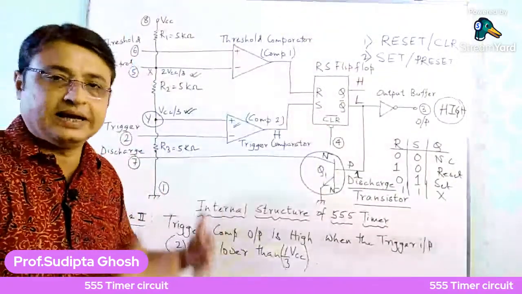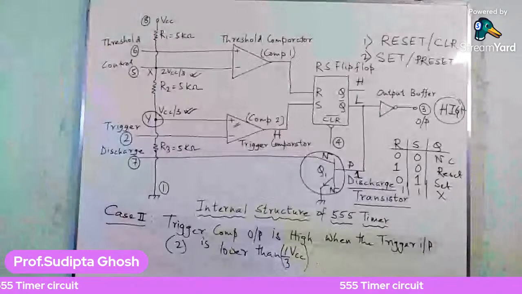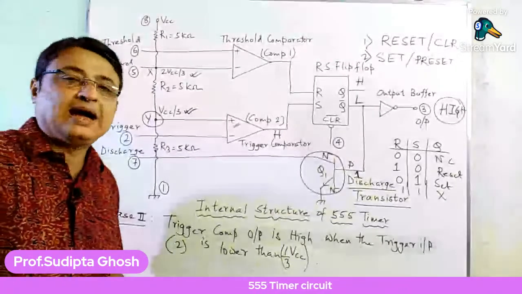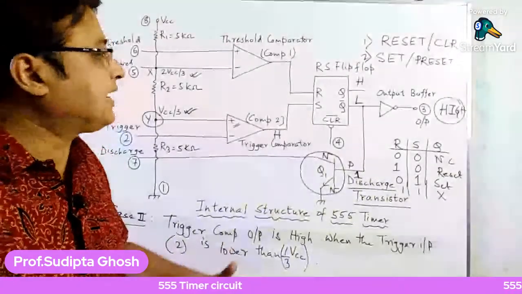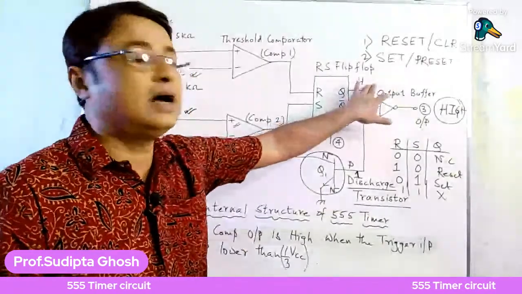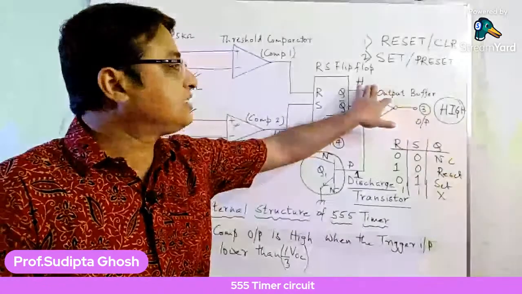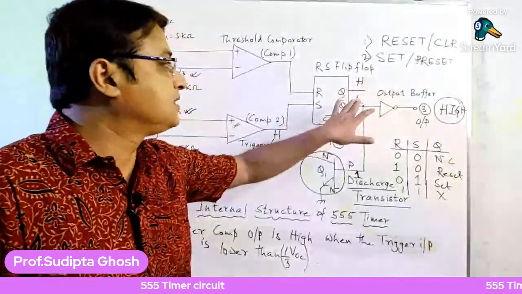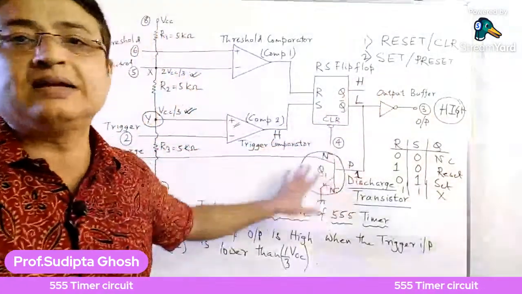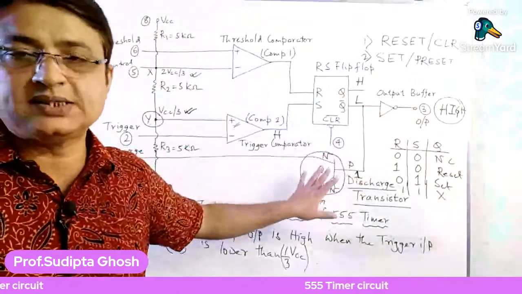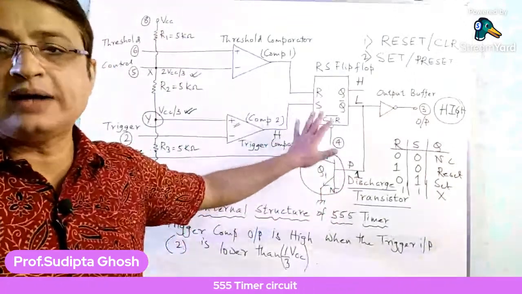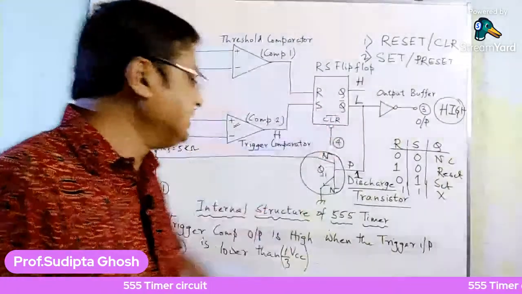So by making a low value at pin number 4, we make Q low. And if Q is low, Q bar is high, and then again the transistor is in saturation state. So this is the clear terminal.